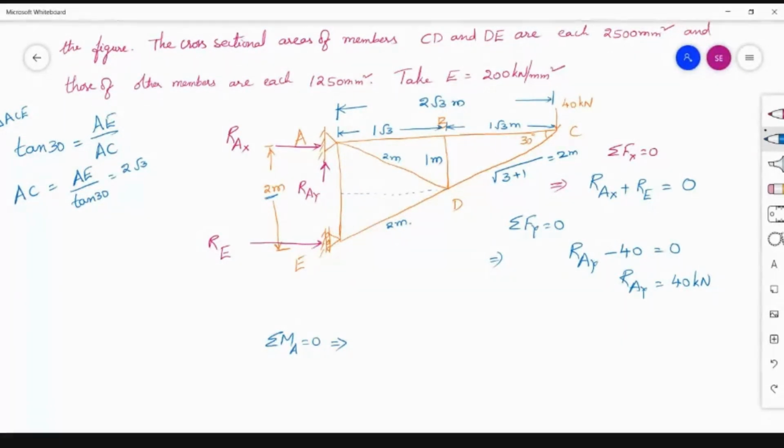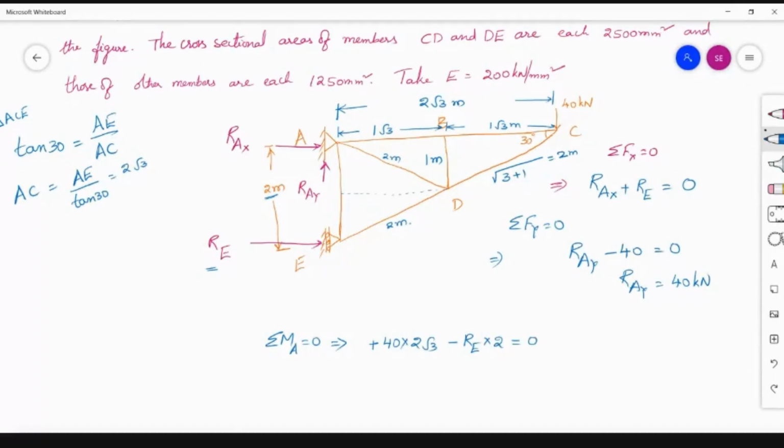You are considering clockwise as negative, but anyway, I will consider clockwise as positive. Plus 40 into the distance 2 root 3, minus RE anticlockwise, minus RE into 2 equal to 0.